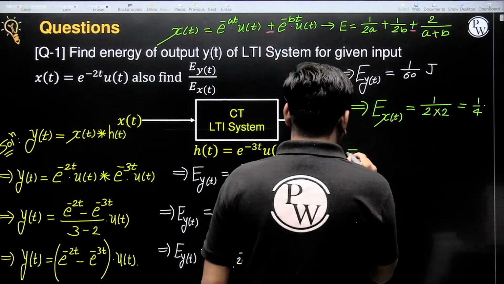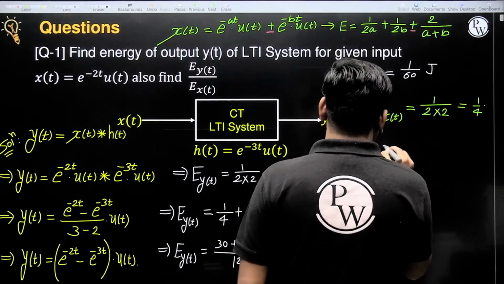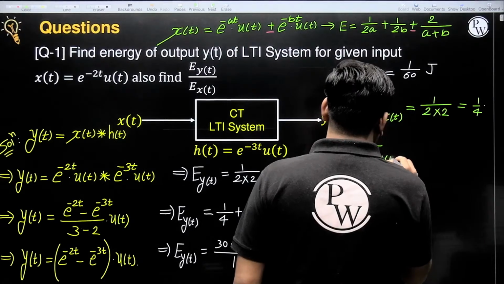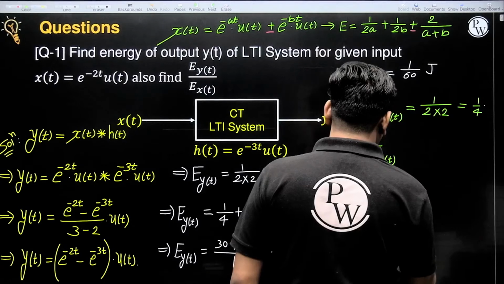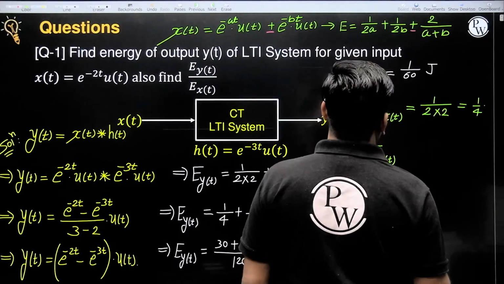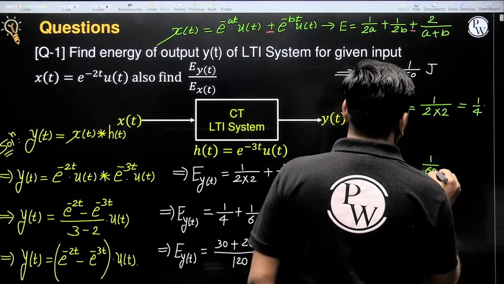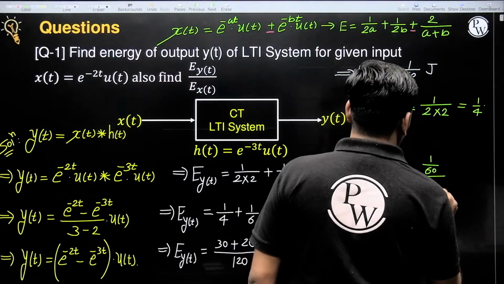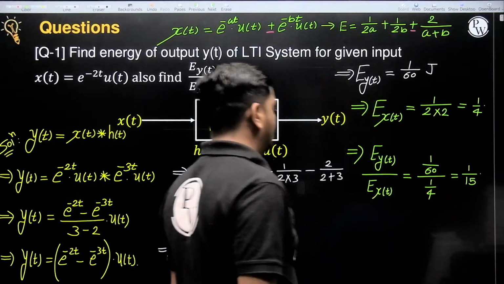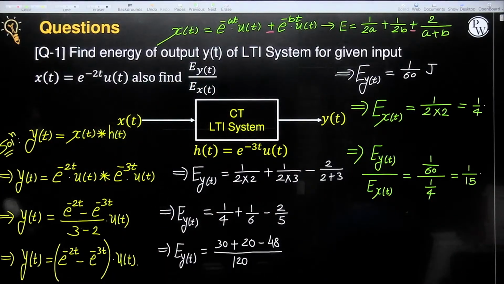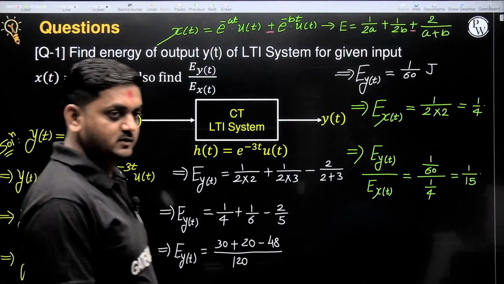What is the ratio of the energy of the output signal to the energy of the input signal? Output signal 1 by 60, input signal 1 by 4. So it will be 1 upon 15, guys. So the ratio is 1 upon 15.